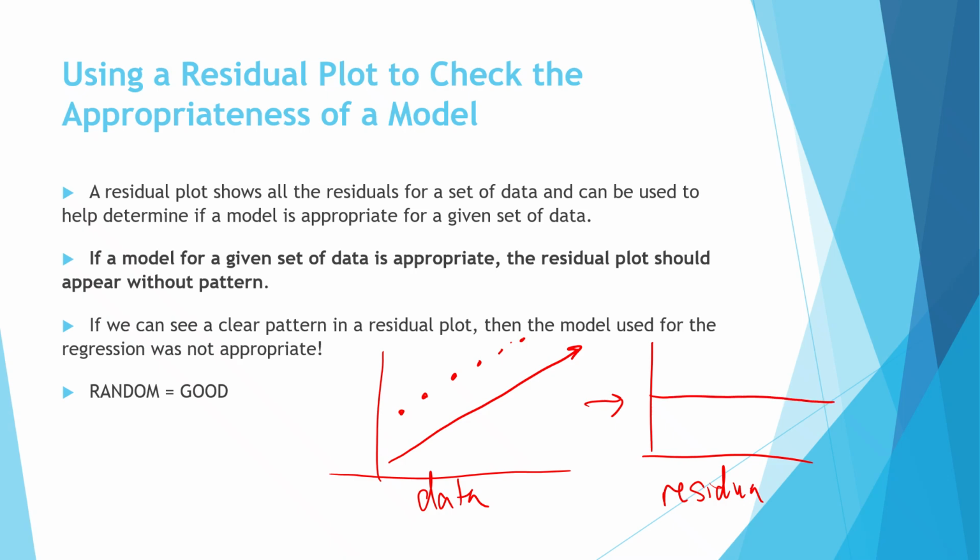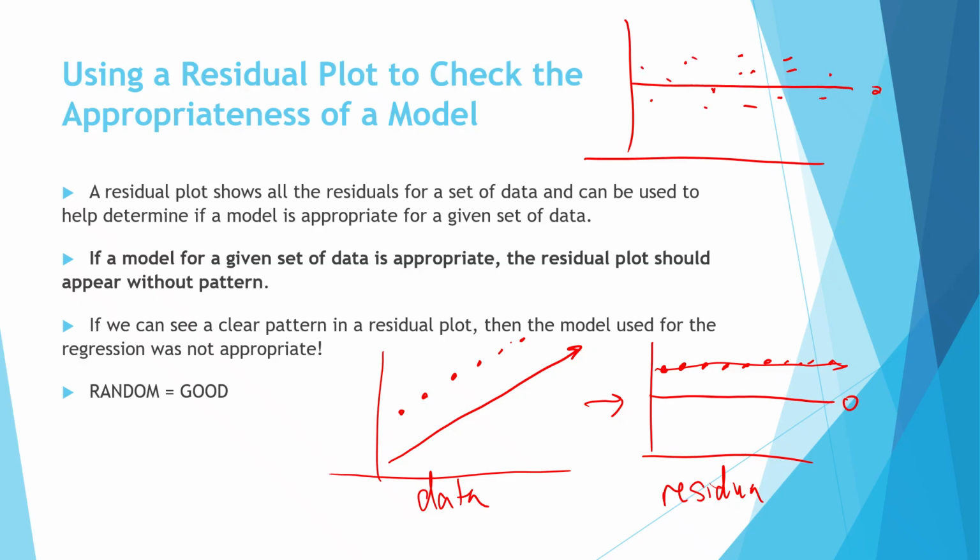What the residual plot would look like, if this was 0, is just a straight line like that. That's not good. There's a clear pattern. It's a straight line. You would want the residual plot ideally to look just completely random, like a 5-year-old almost drew on it, right?